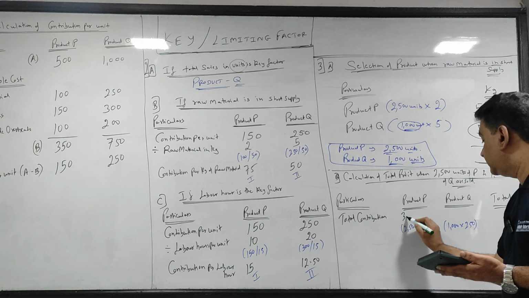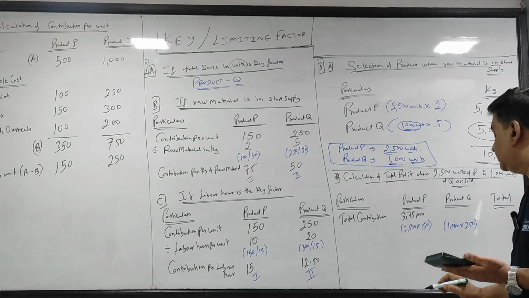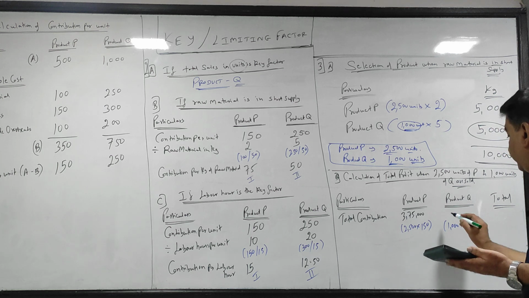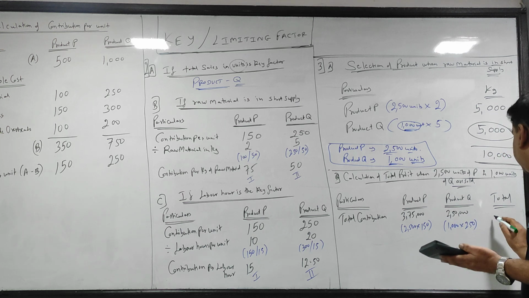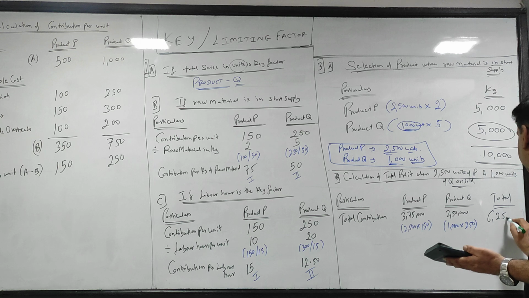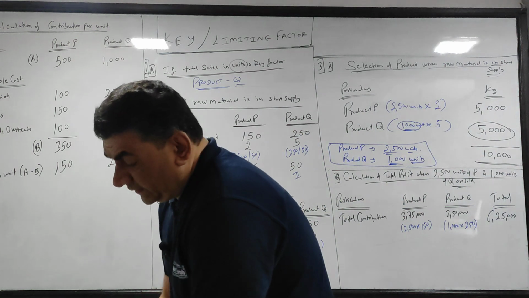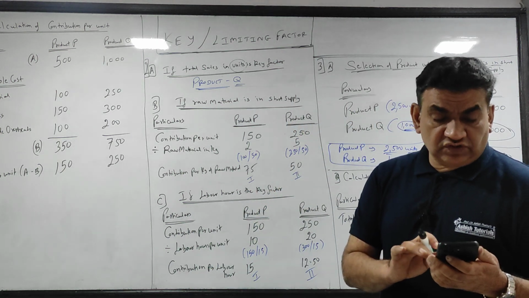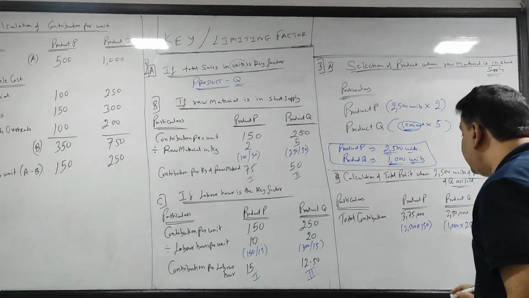This is 3,75,000. Okay, and 1000 into 250 is 2 lakh 50, and 250 plus 375 gives you 6 lakh 25,000. अभी देखो फिक्स ओवरहेड कितना दिया है, फिक्स ओवरहेड इज 1 लाख, टोटल फिक्स कॉस्ट मेरा 1 लाख है.